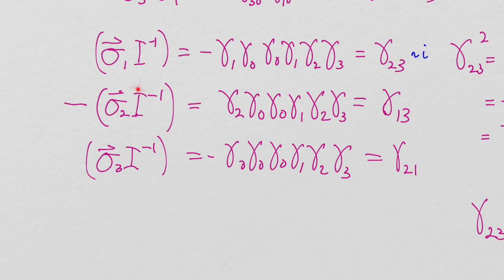The opposite of the dual of sigma 2 with yet another minus sign is going to be related to j. So this will be our j. And the opposite of the dual of sigma 3 will be our k, right?